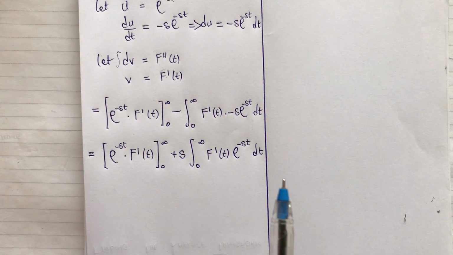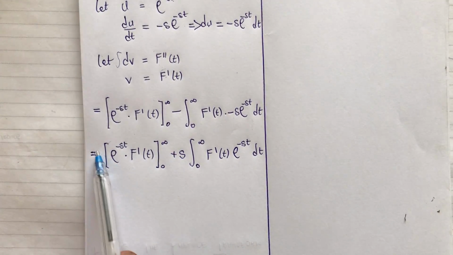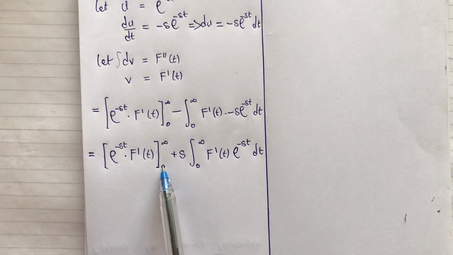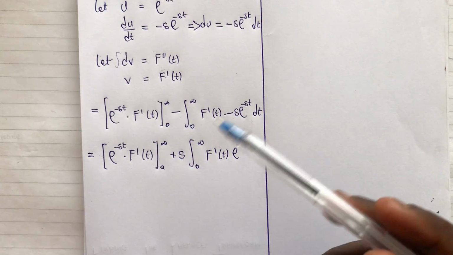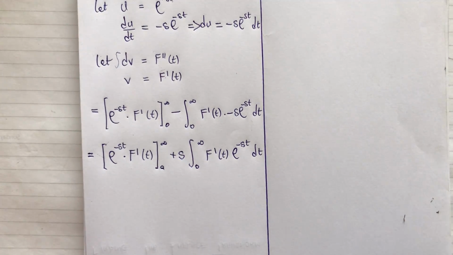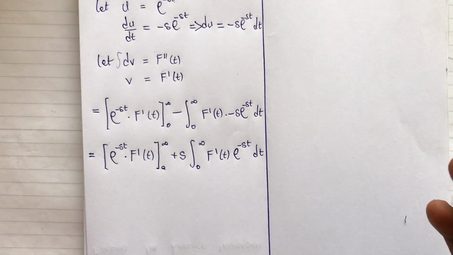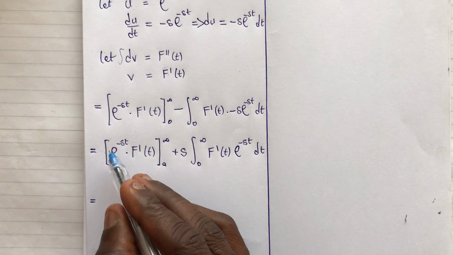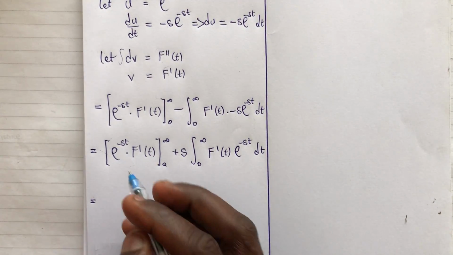Now, in our next step, we focus on the left-hand side of the equation and substitute our lower and upper limit. So I'll just put in the lower and upper limit to cut it short, all right? So now it is upper limit minus lower limit. First, we substitute t for infinity.